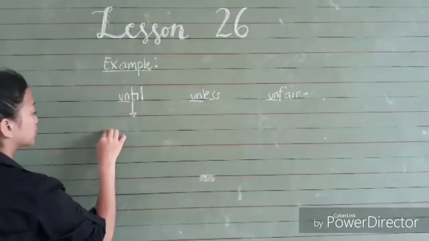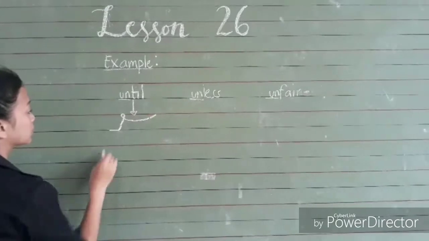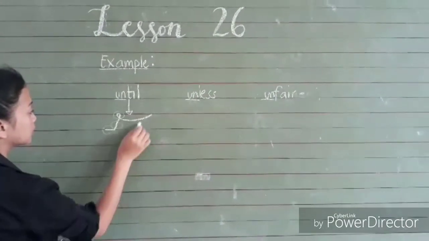Until is written as, which is represented by N, T, E, and L.